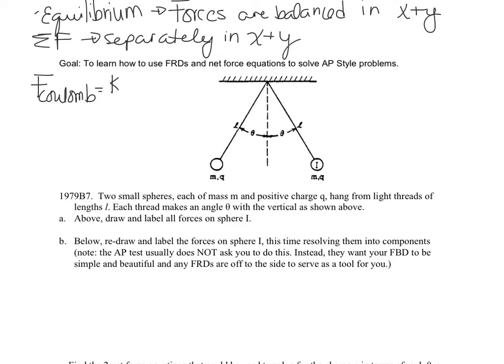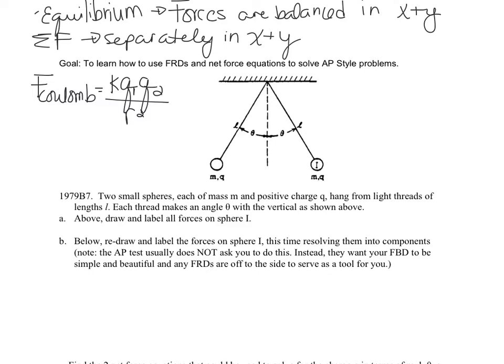It's a constant times one charge and the other charge divided by the distance between them. And as you probably remember from middle school or chemistry, opposite charges attract and like charges repel.